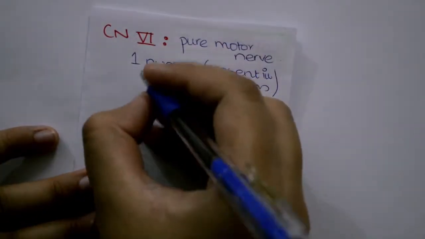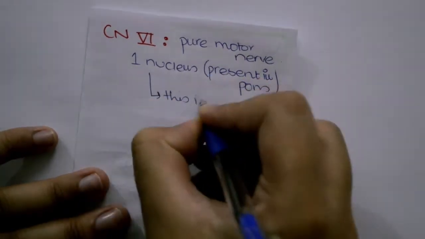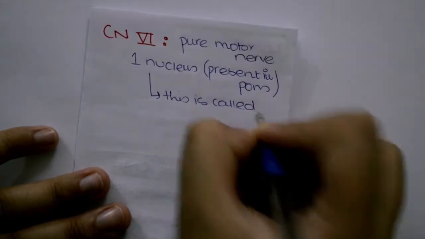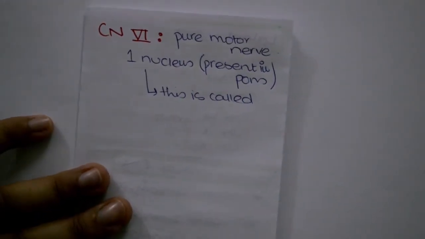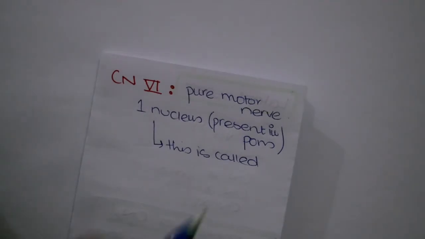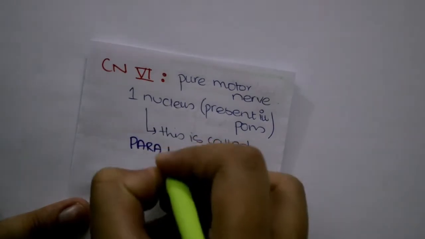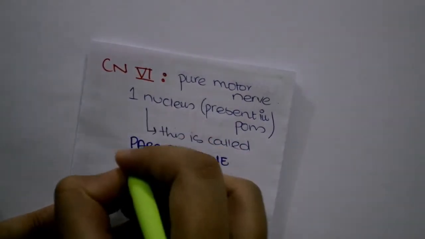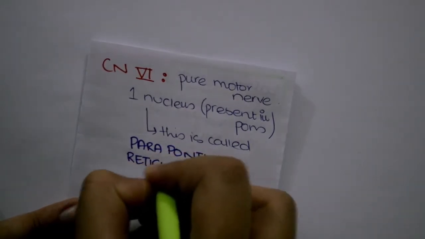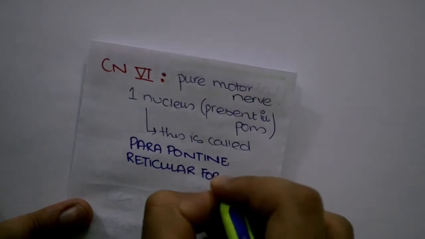The motor nucleus that it has has a name, and that name is the parapontine reticular formation.